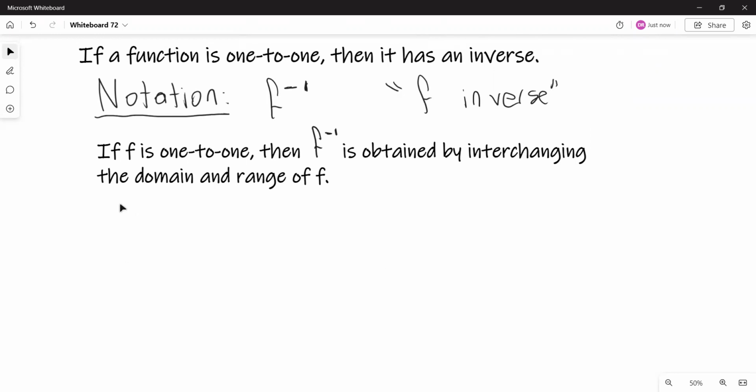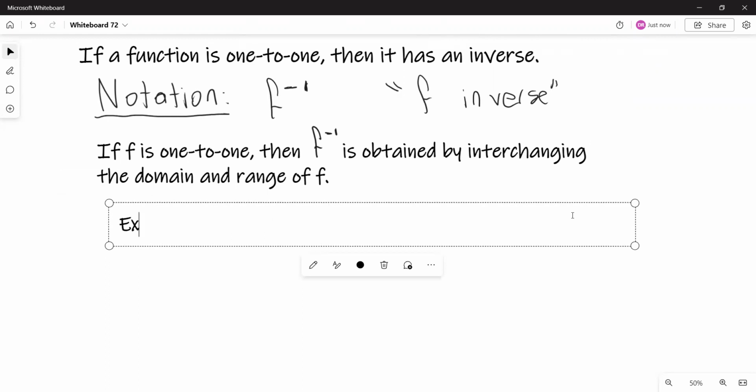Examples. We're going to find the inverse of each function that is one-to-one.